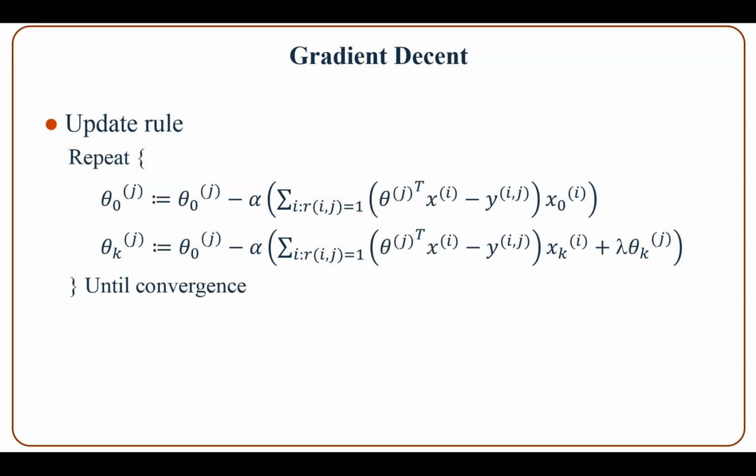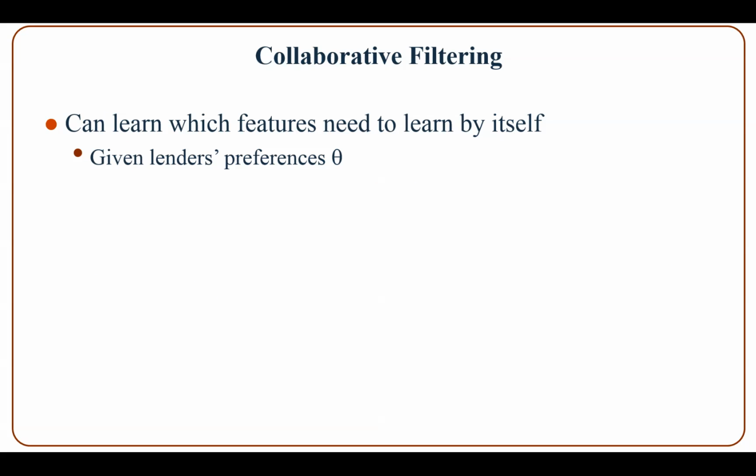Once we have the gradient term, we can form the update rule. So this is the update rule for theta naught and theta k for the lender j. And you can notice that we do not apply regularization on theta naught. With content-based recommendation, we need to somehow measure the features, and it is hard in practice.